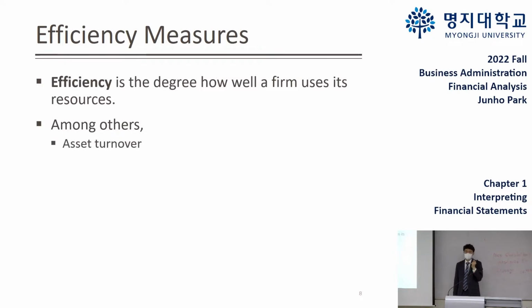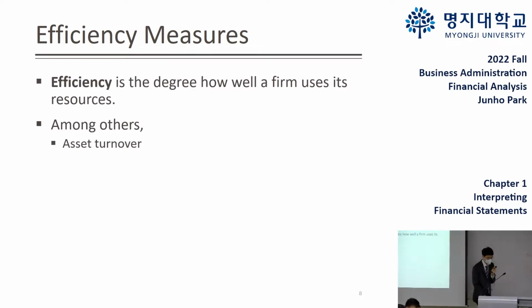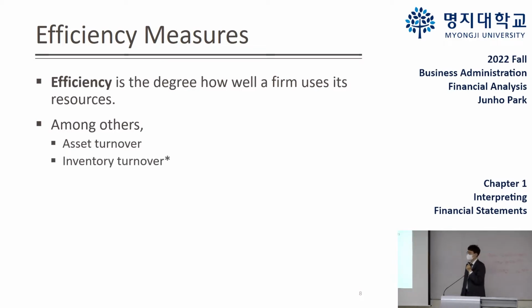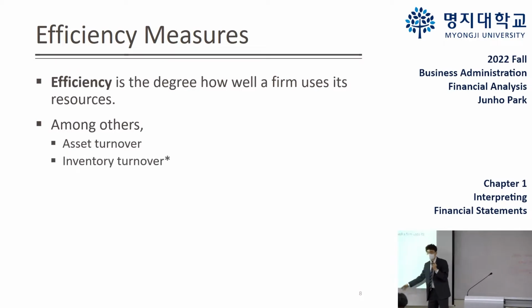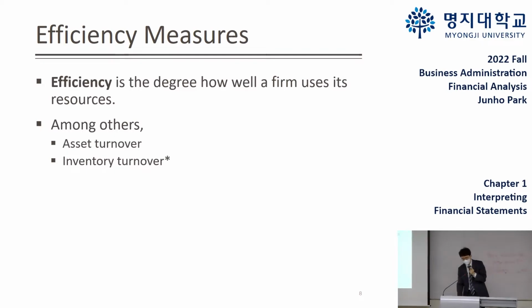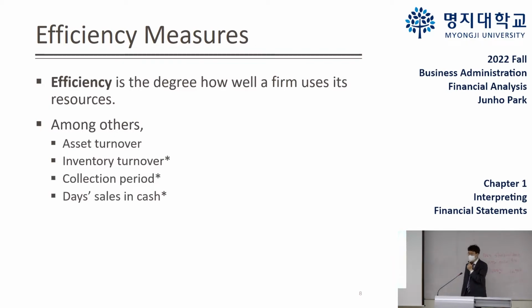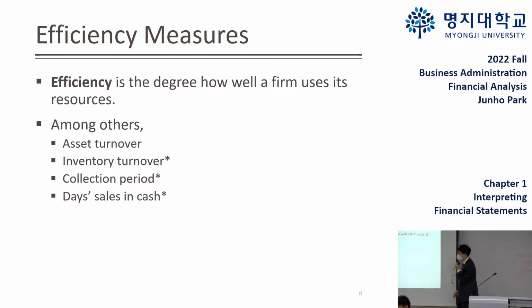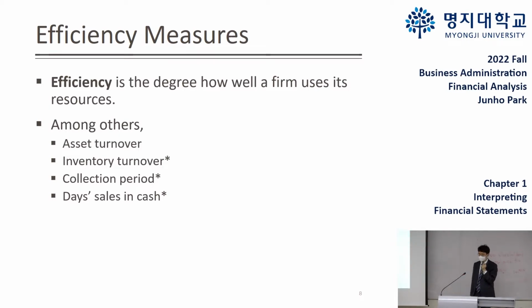And a simple measure is called asset turnover. And if you just focus on a specific item in the balance sheet, you can get some kind of turnover measures such as inventory turnover. And there are also other ways to measure the efficiency. For example, you can calculate the collection period or days sales in cash.